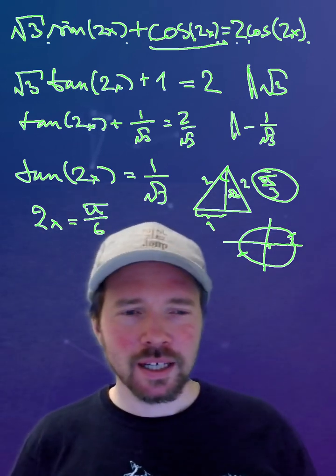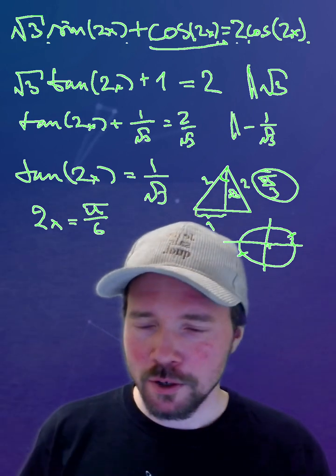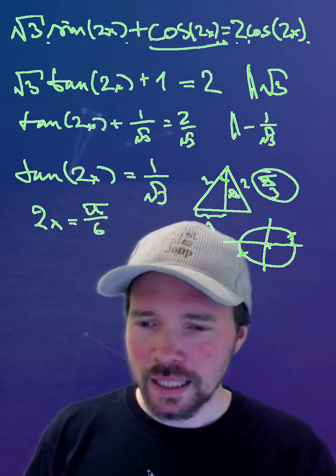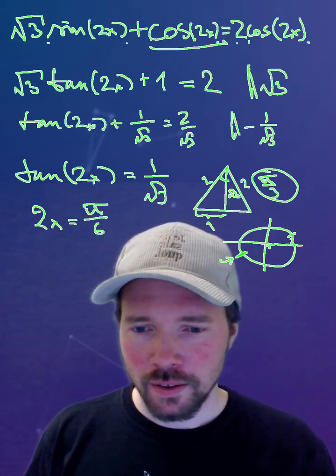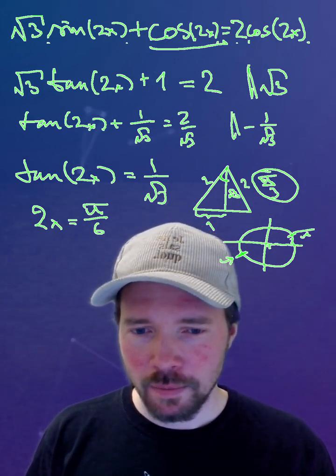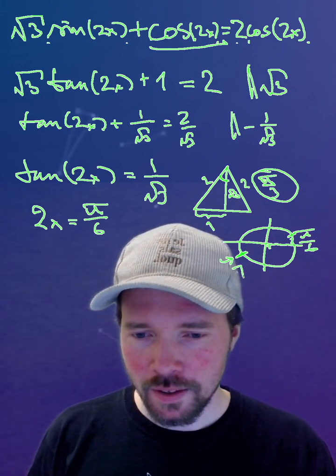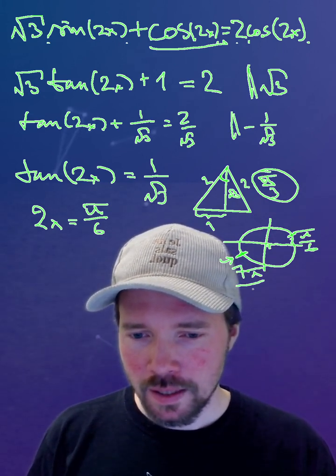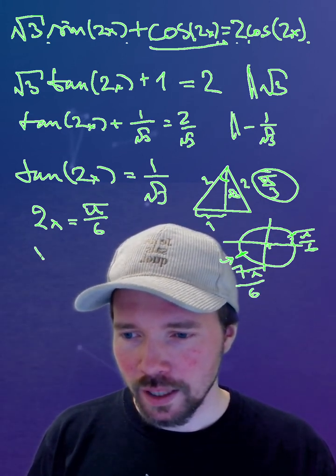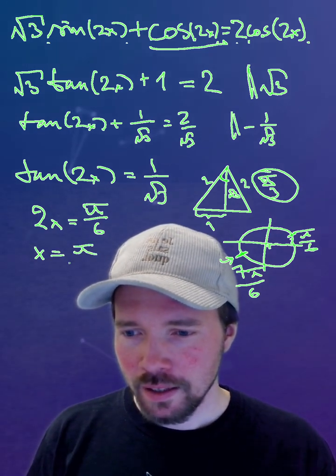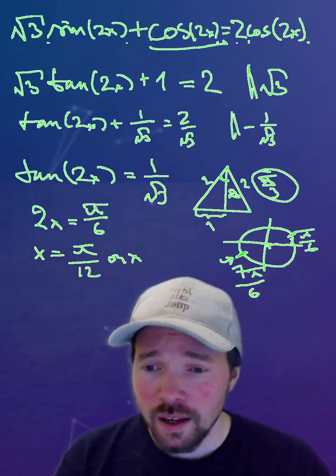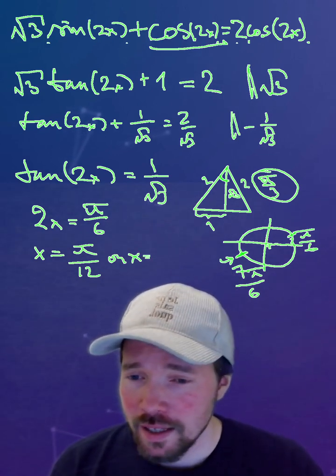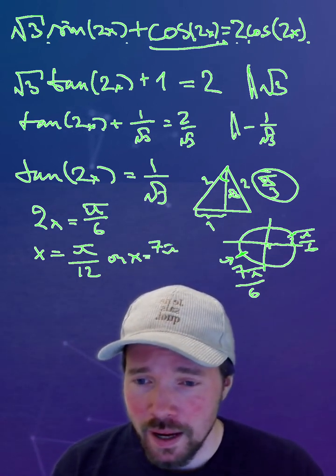Guys, now I realize, if we continue solving this, if this is pi divided by 6, then this is 7 pi divided by 6, and now we get that x is either pi divided by 12 or x is 7 pi divided by 12.